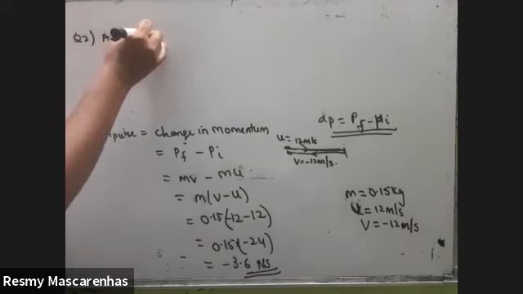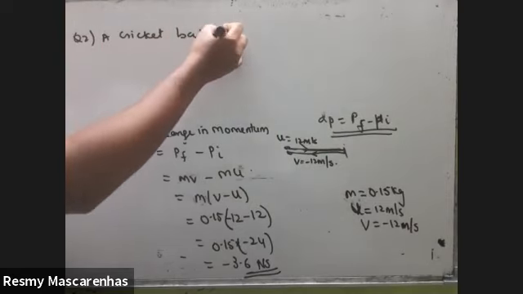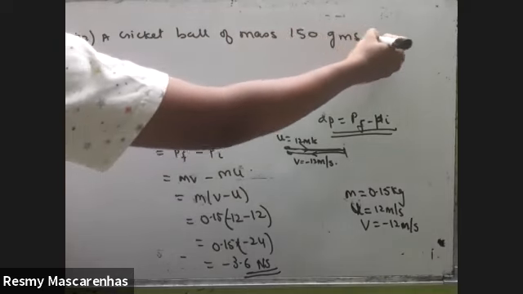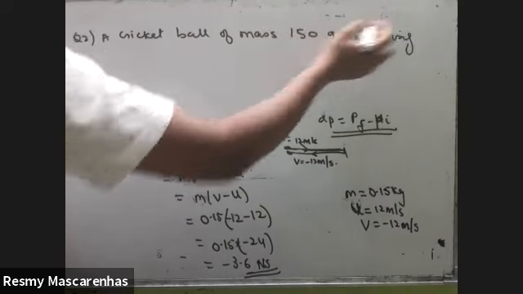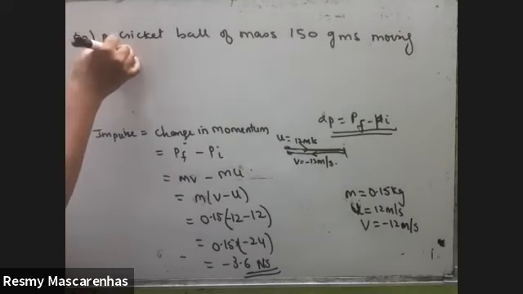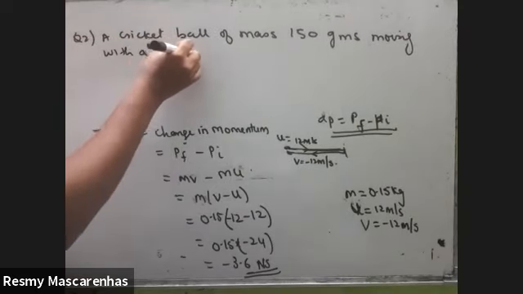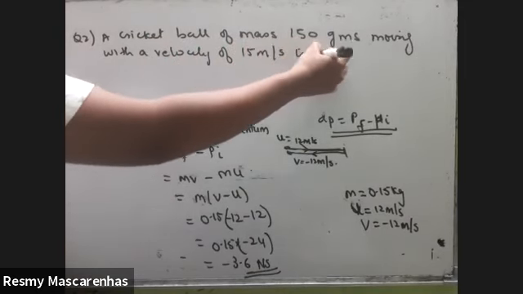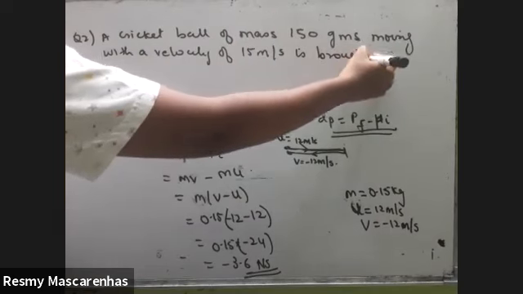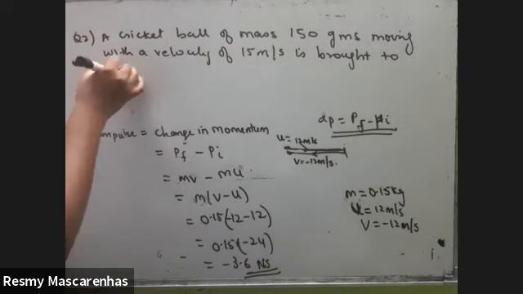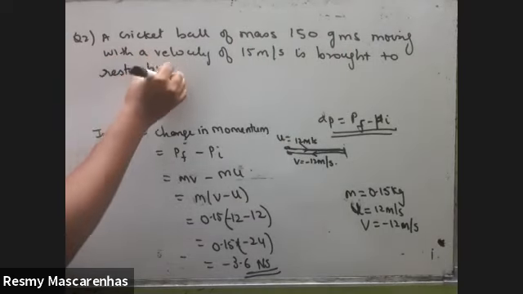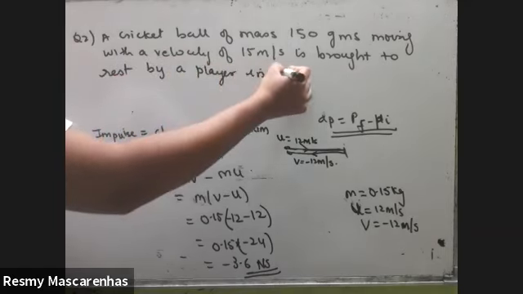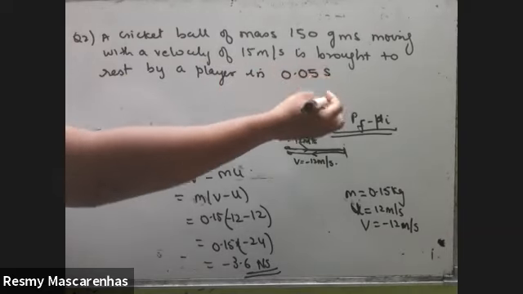A cricket ball of mass 150 grams moving with a velocity of 15 meters per second is brought to rest by a player in 0.05 seconds.